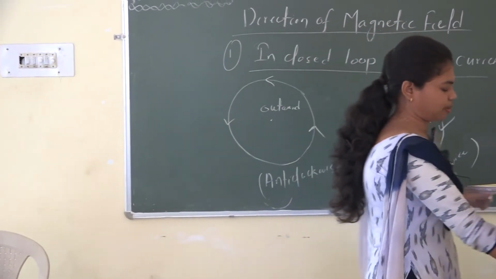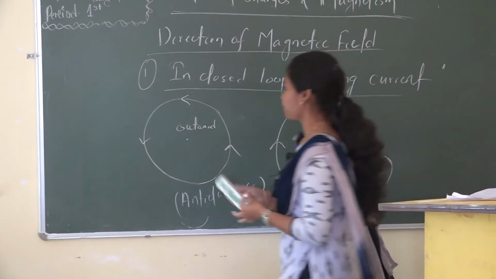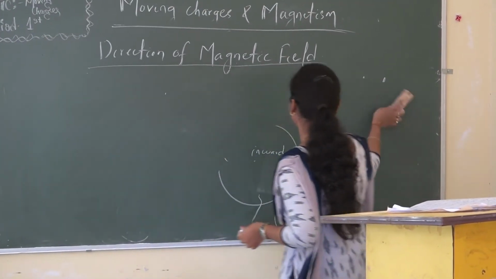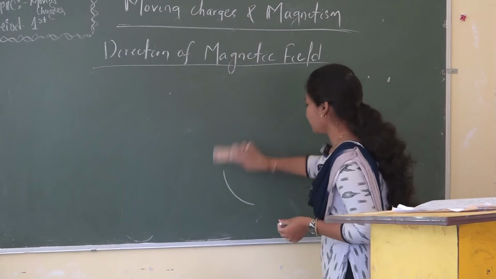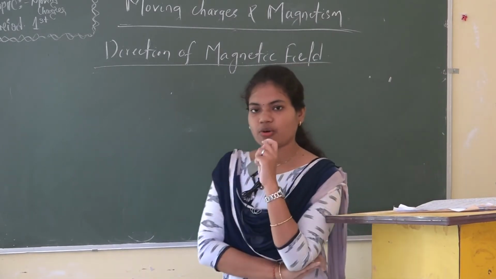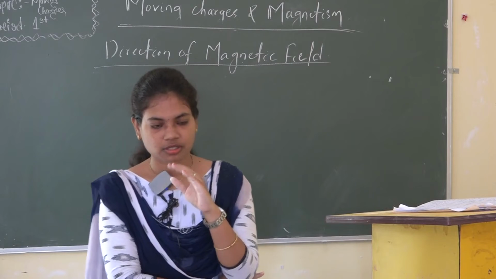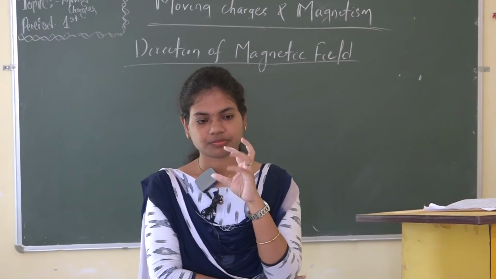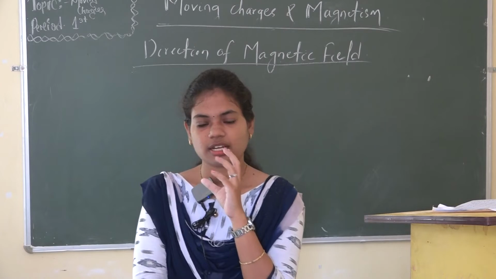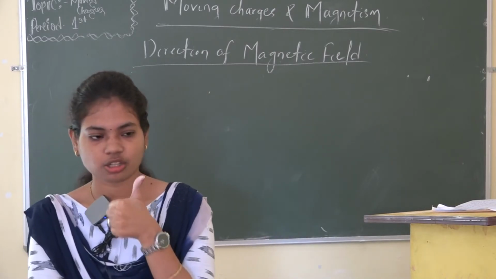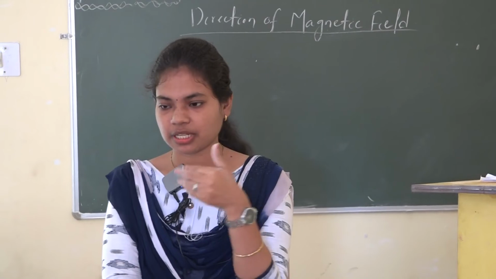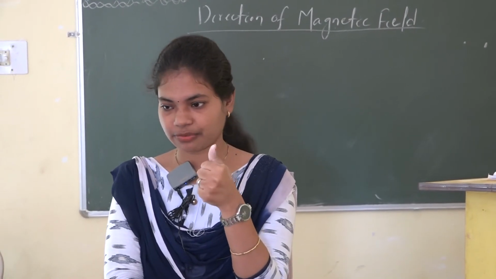Then there are some special cases. In case of a straight wire carrying current, the thumb represents the direction of current and the finger curl represents the direction of magnetic field.